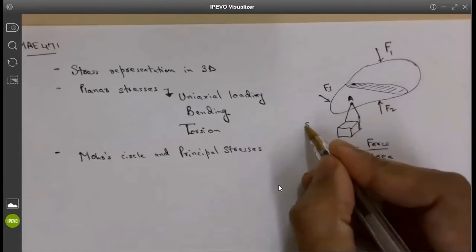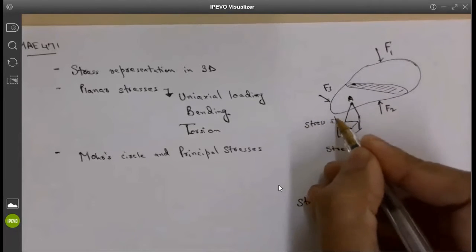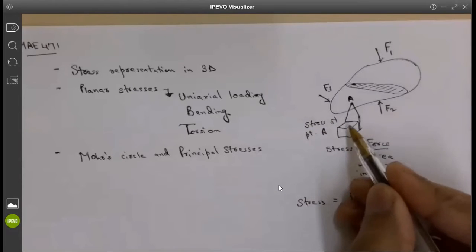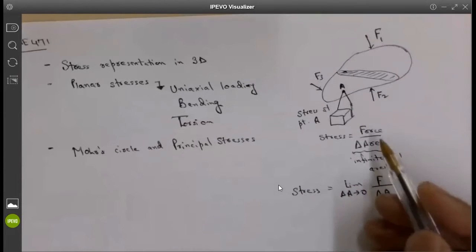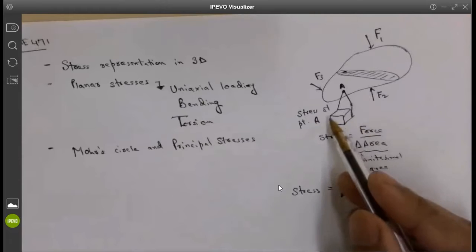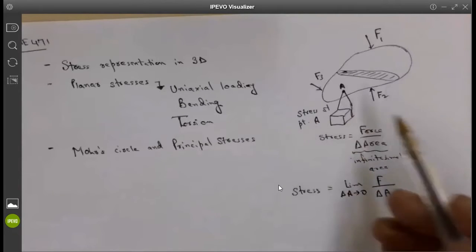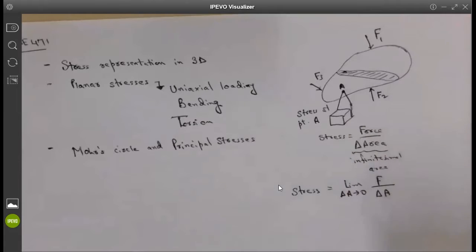This is stress at a point A. It is basically represented by this infinitesimally small body, and that small body has basically 6 faces, and each face will have some components of the stresses, and that's how the stresses are represented.